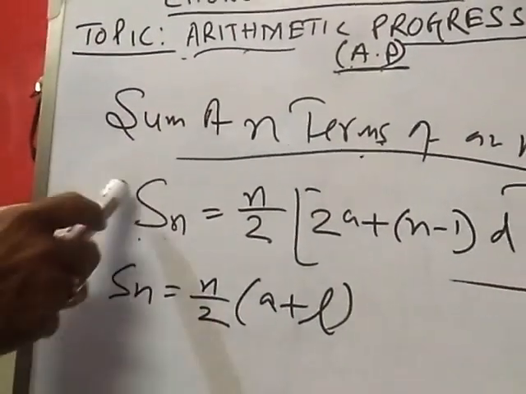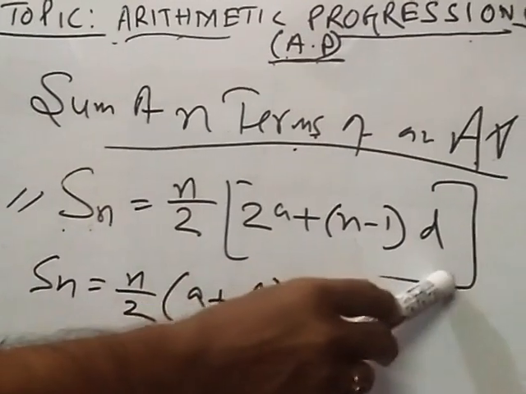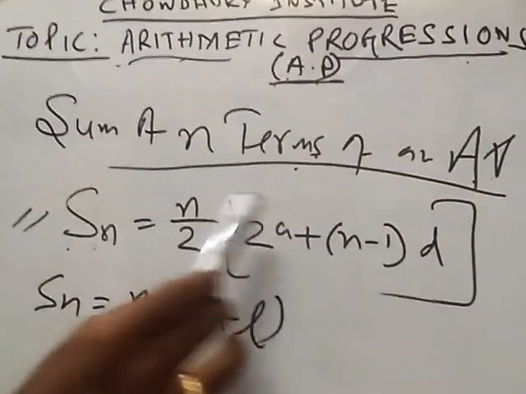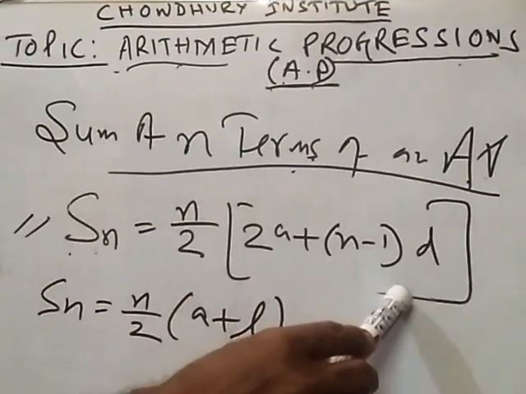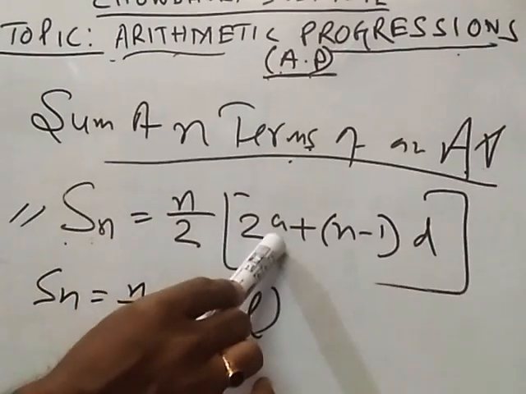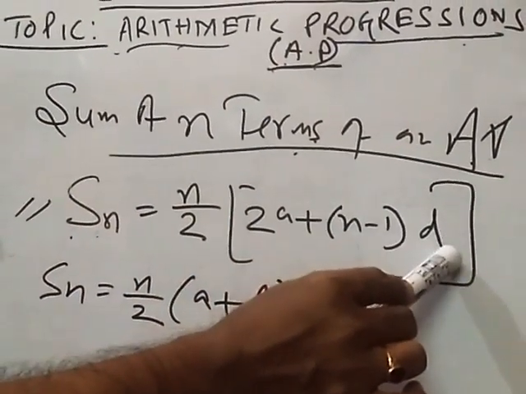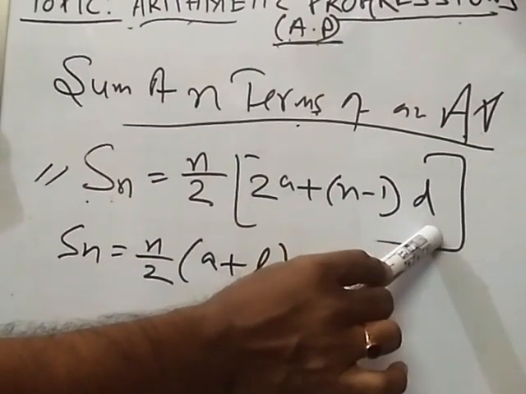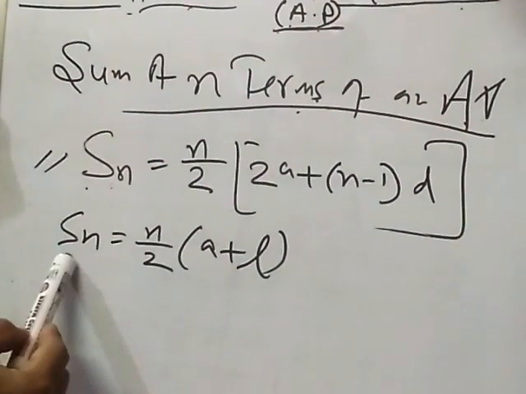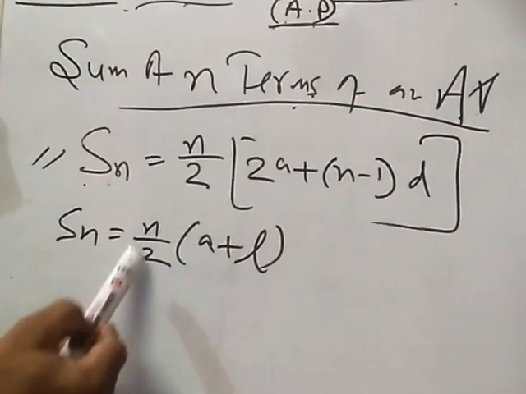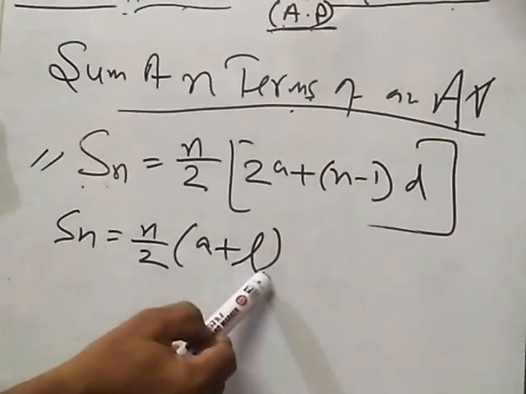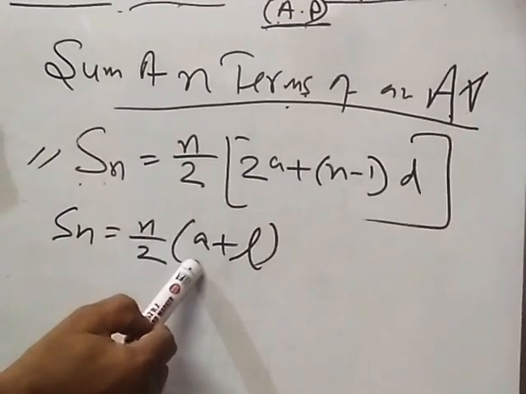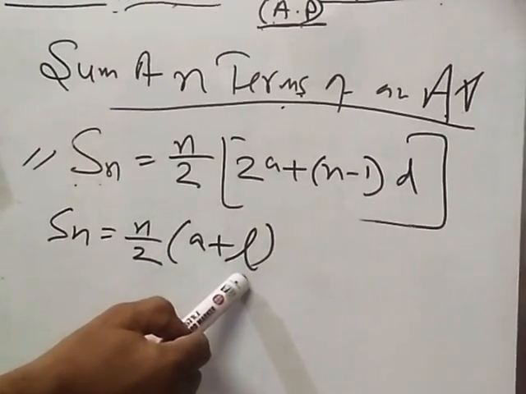So these two formulas help us to get the sum of an AP series. One: Sn equals n by 2 into (2a plus (n minus 1) into d), where a is called the first term and d the common difference. Or another one: Sn equals n by 2 into (a plus l), where a is the first term and l is the last term.